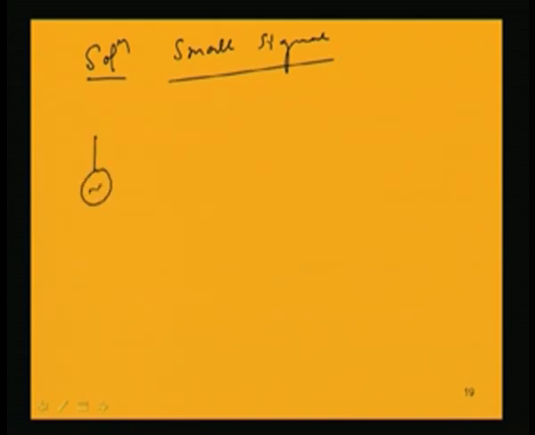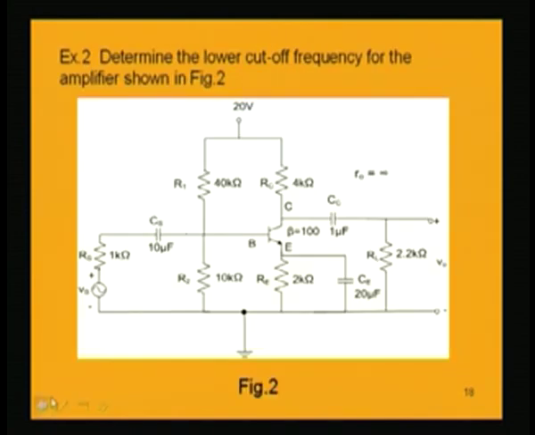So, let us draw this equivalent circuit in the small signal model. We will be having the resistance in series with the applied voltage signal Vs. If we look into this transistor amplifier, the coupling capacitors are Cs and Cc, and the emitter bypass capacitor is Ce.